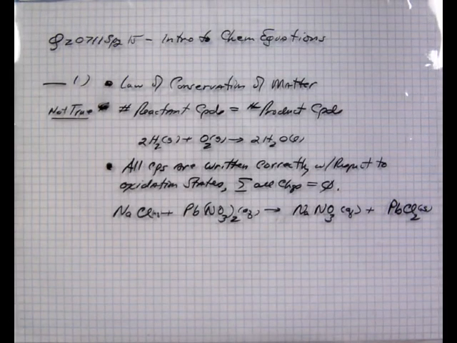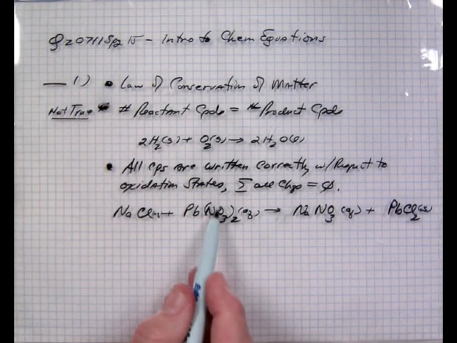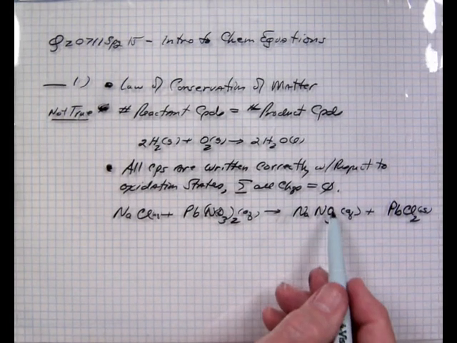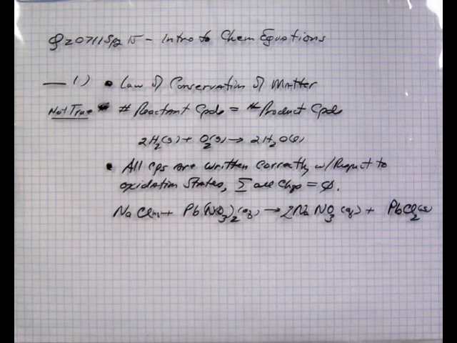No, it does not conform to the law of conservation of matter. You may have compounds, but I have 2 nitrates here, and listed on the product side I only have 1, and I have to balance that by applying a coefficient.